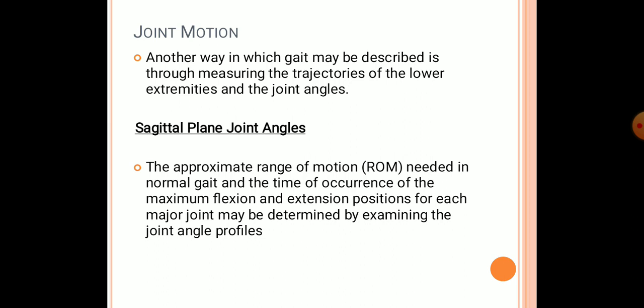If we ask the patient to walk, and observe a particular gait phase, we can identify that a specific amount of movement is required to initiate or complete that phase. Whenever we talk about heel strike, that means our heel is going to touch the ground. In that position, there are some requirements in each joint to get a proper heel strike. All these things can be identified by a proper joint range of motion examination.